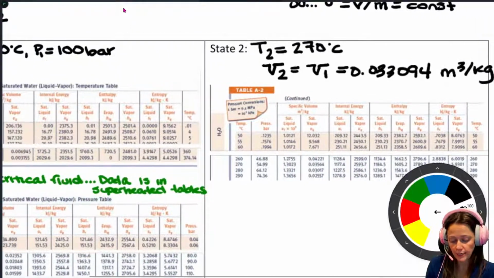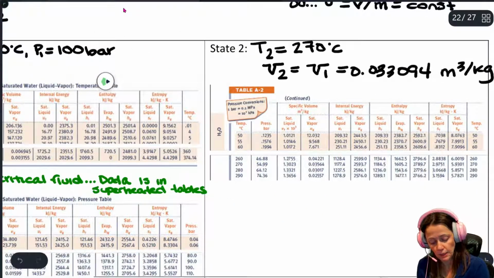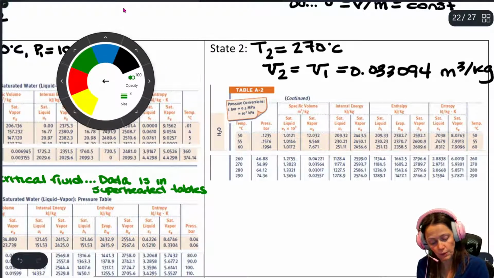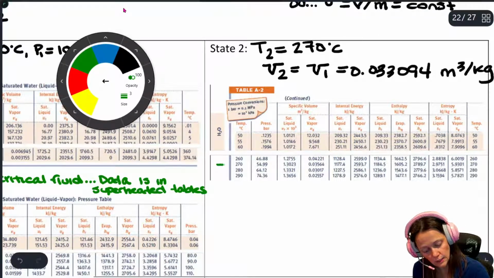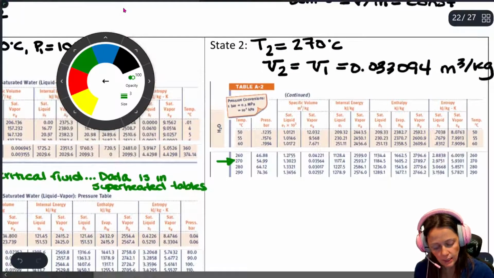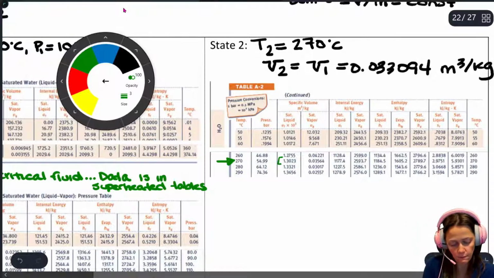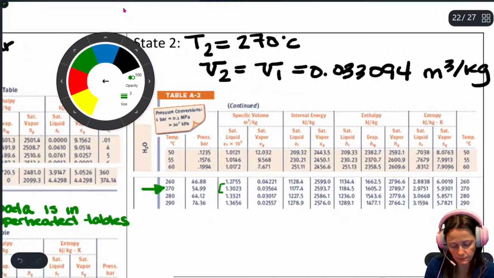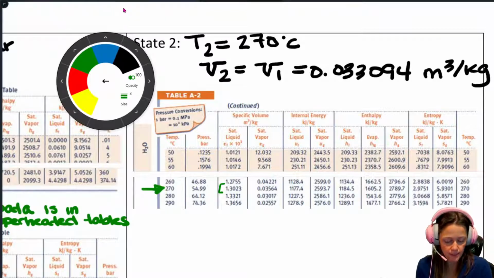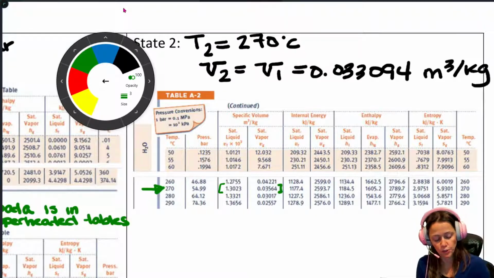So I'm going to go to those saturated tables, not because I'm automatically assuming that it's saturated, but because I want to use the information there to figure out what phase we're in. So table A2 organizes by temperature. At 270 degrees Celsius, if it's saturated, then it's got to be between the V sub F, 0.0013023 meters cubed per kilogram, and the V sub G, 0.03564 meters cubed per kilogram.